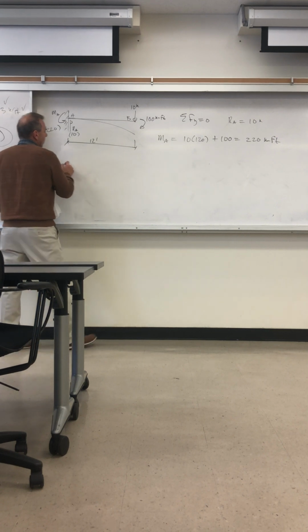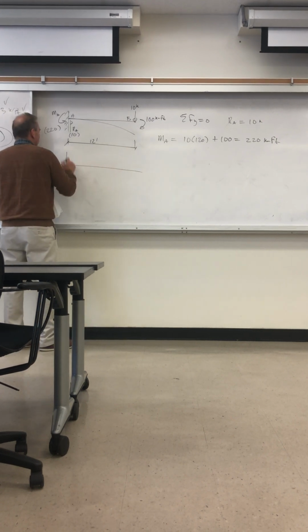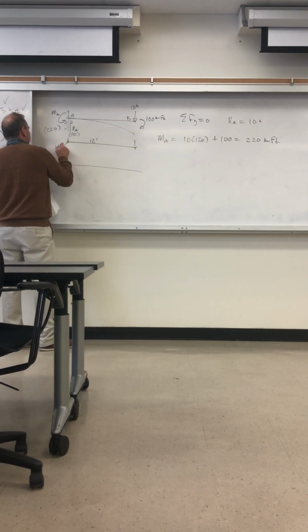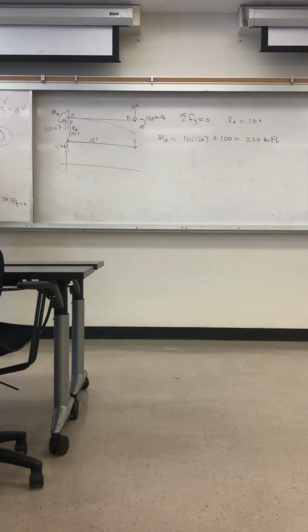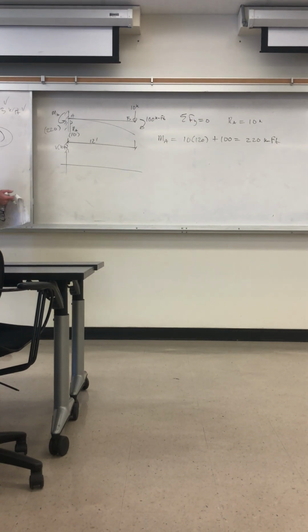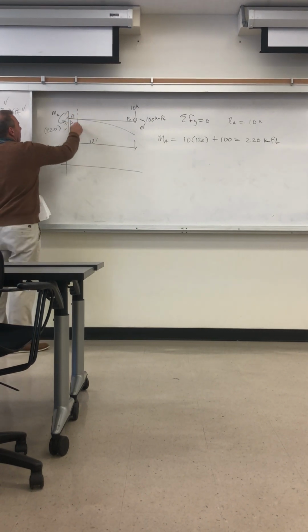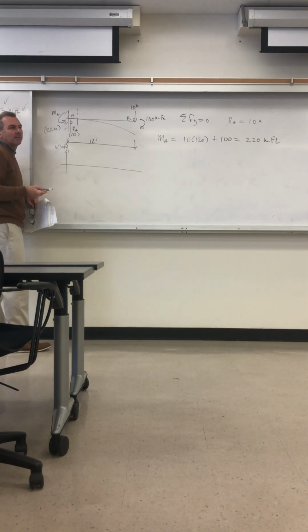Draw the shear diagram. Is it positive shear or negative shear? Is it constant or is it changing? Any response from anyone? You can say the wrong thing, it's okay. Well, if you take a cut right there, you can see it's 10 kips and it's positive.